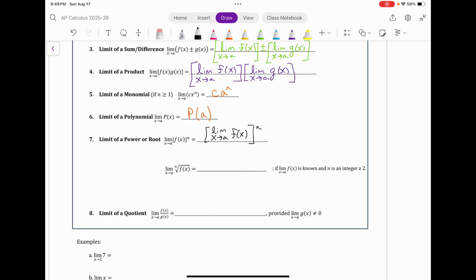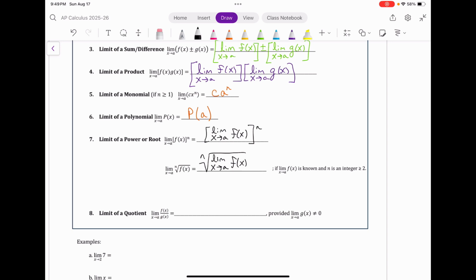The same thing can be applied to a root of a function. We can find the limit of the function first and then take the nth root of that limit.